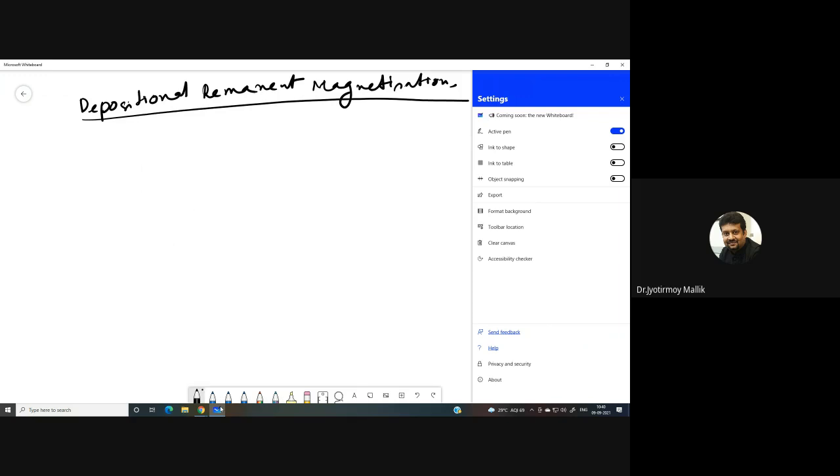Now, in the earlier case, the temperature was cooling down, and it crossed the Curie temperature and acquired magnetization, or aligned itself according to the magnetic field. Here the temperature is not high, right?